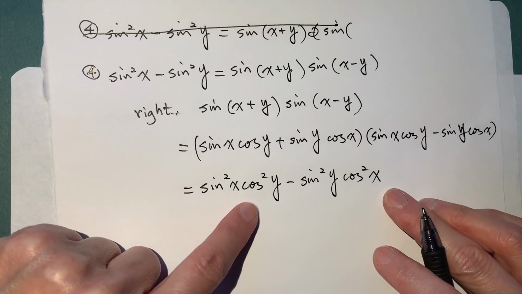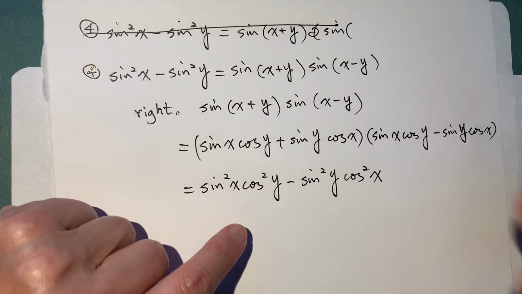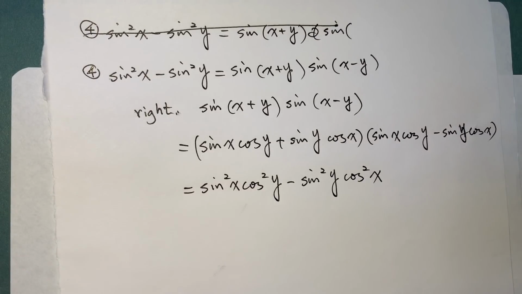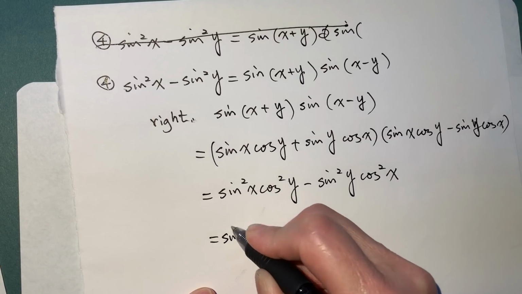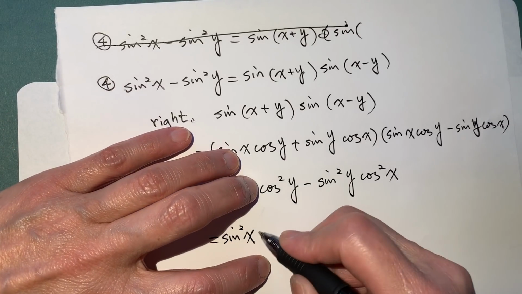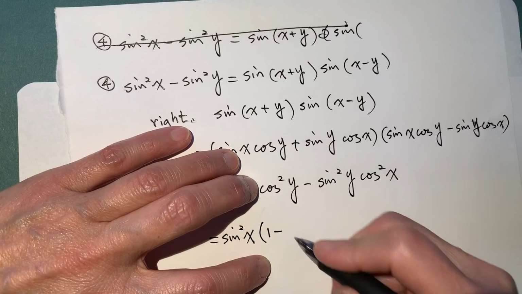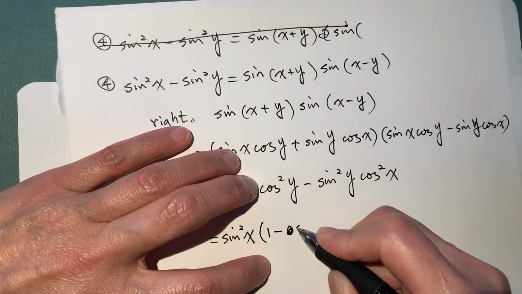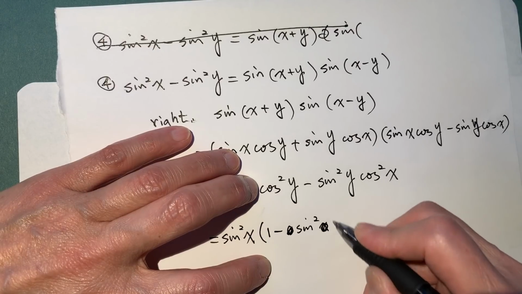On the right side, there's sine and cosine. Get rid of the cosine, because cosine and sine, there is a transformation, right? So sine square x, we copy the first one. Cosine square y becomes 1 minus sine square y.